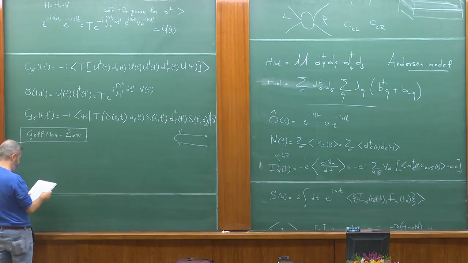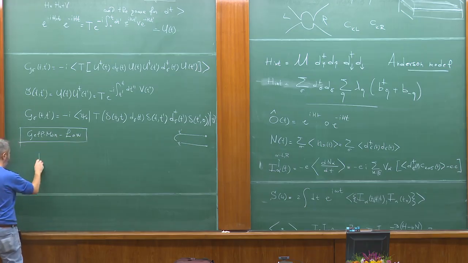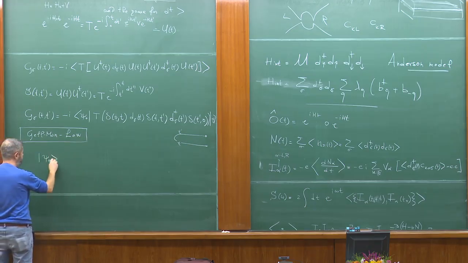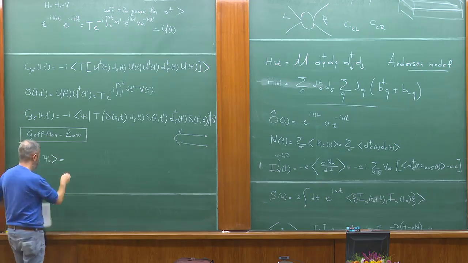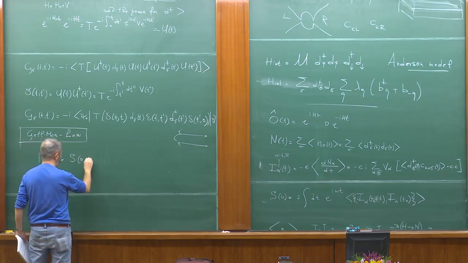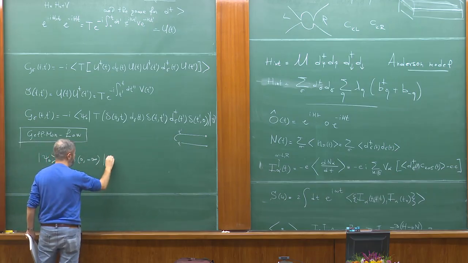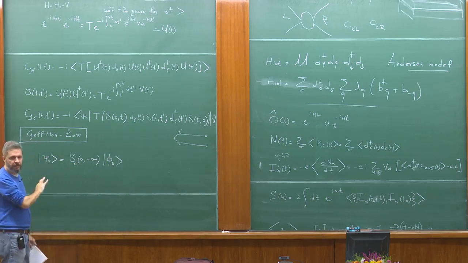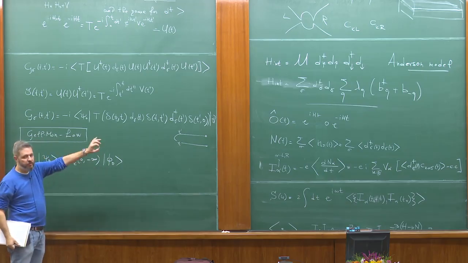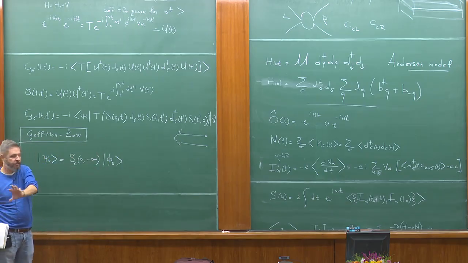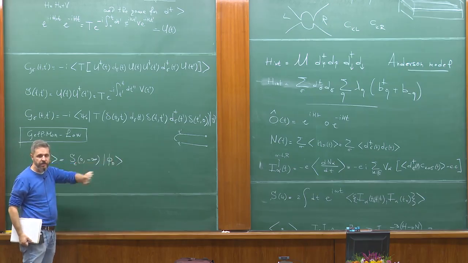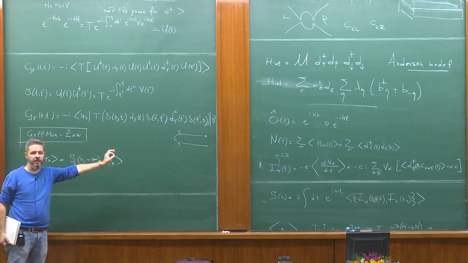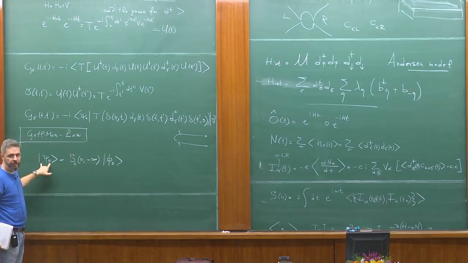Gell-Mann and Low realized that this is done in the following way. The interacting ground state is equal to the S matrix operating between minus infinity and 0, acting on the non-interacting ground state. I'll put an epsilon here, and I'll tell you what it means in a second. So you take your time evolution from minus infinity acting on the non-interacting ground state, and you take it to time t equals 0, and you will get the interacting ground state.